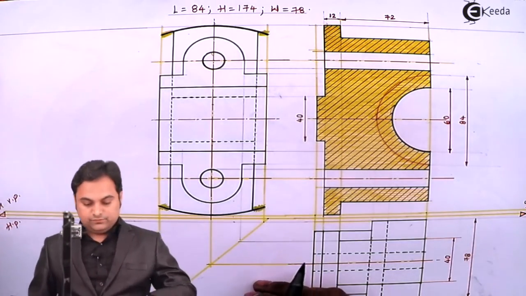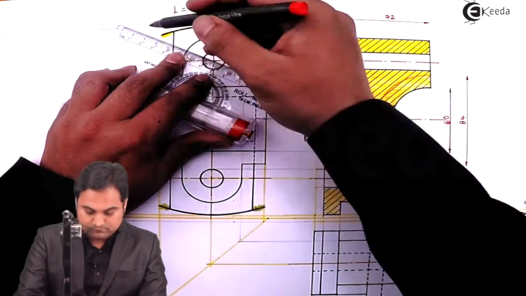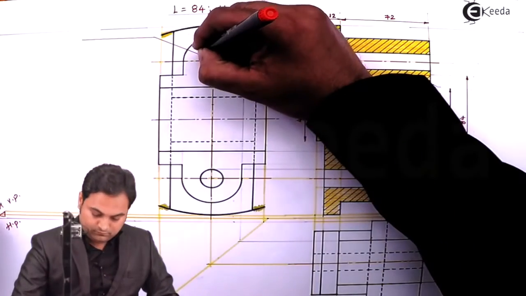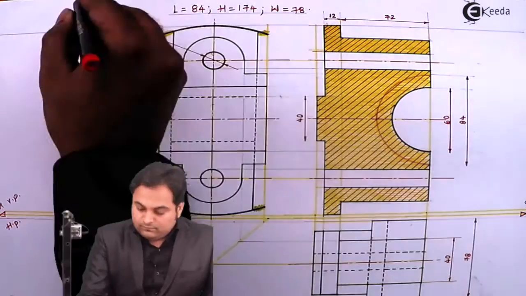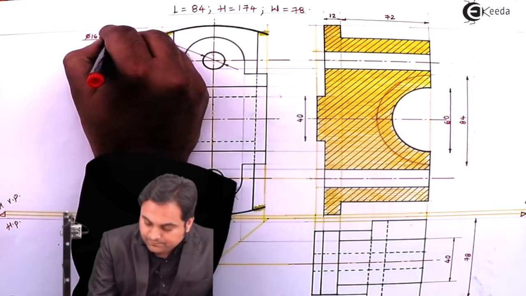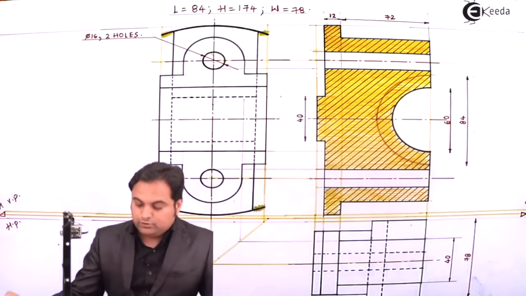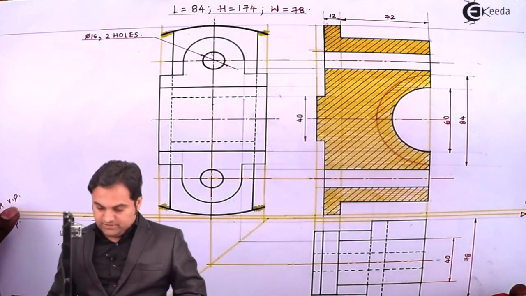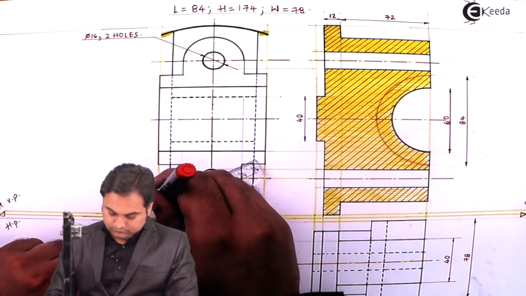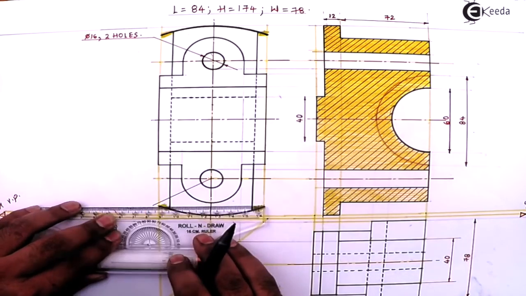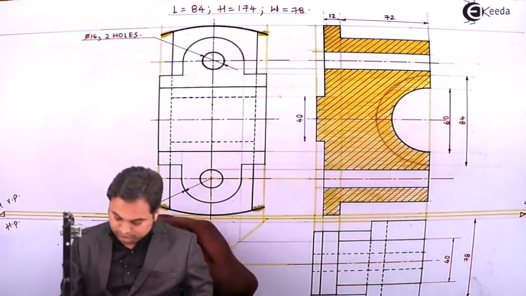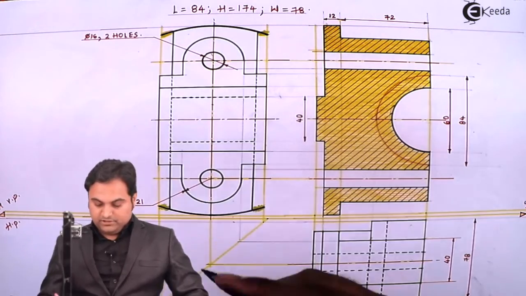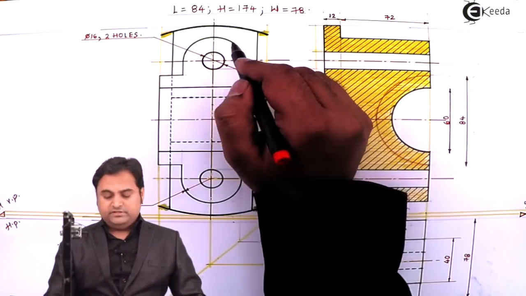Then coming to the side view, diameter 16 and two holes, one at the top, other at the bottom. Next, for the semicircle, radius 21 mm. Similarly, it will be there onto the other side, so no need of giving the dimension here.